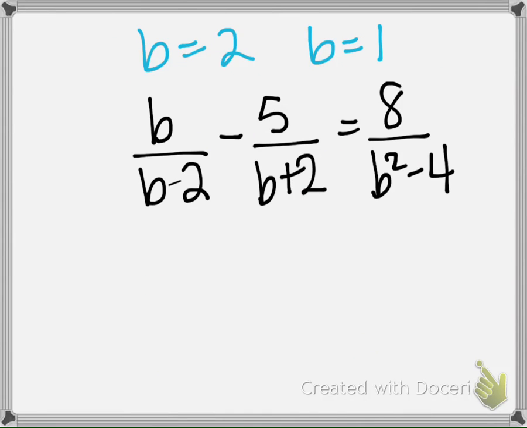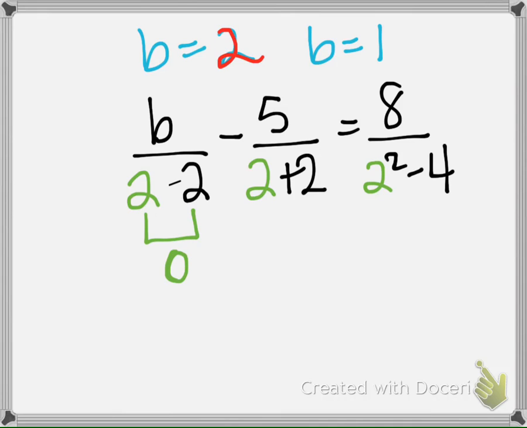So if I take the answer we got of 2 and I get rid of the b and plug in 2, here we're going to get 0 in the denominator. So because one of the fractions will have a 0 in the denominator, this is extraneous. It is not a solution.